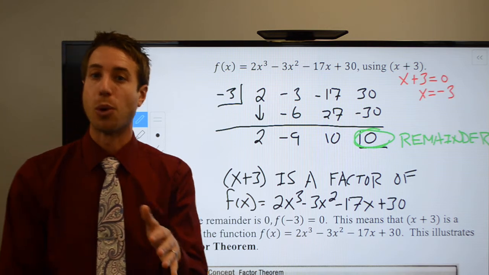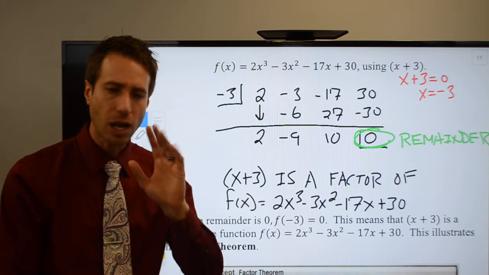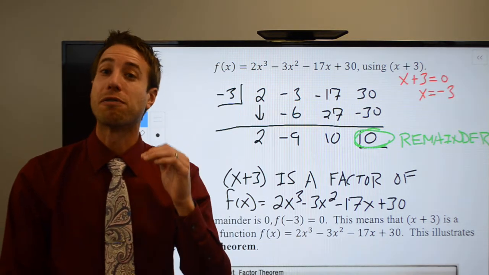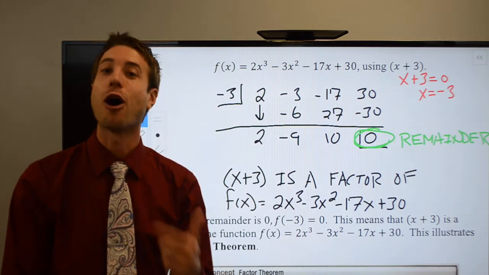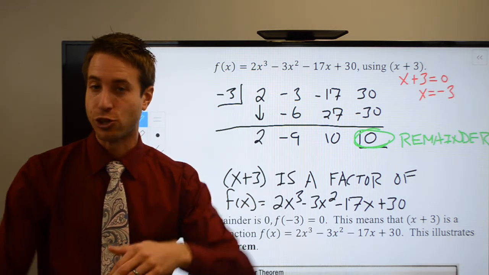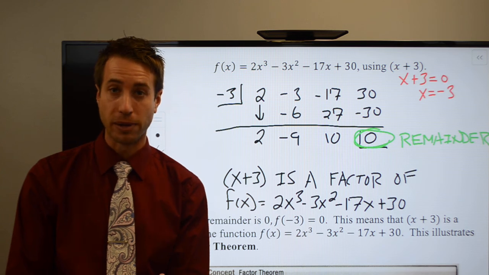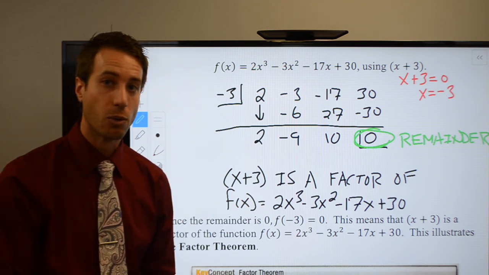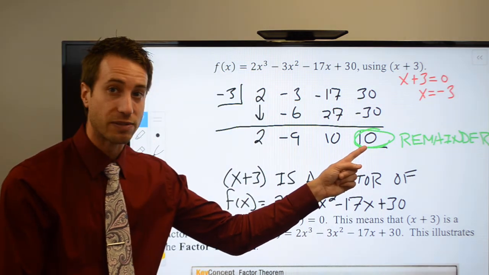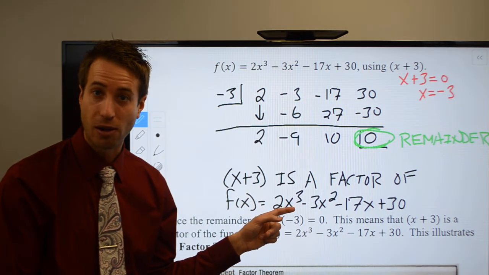Now here's why that is so important. In the previous section, section 5, we looked at several factoring methods to help us find the zeros of a polynomial, right? Factoring methods. You're given a polynomial and we want you to factor that polynomial so you can find the zeros. Well, look at what we just did. By doing synthetic division and finding a remainder of 0, I have just found a factor of this polynomial.